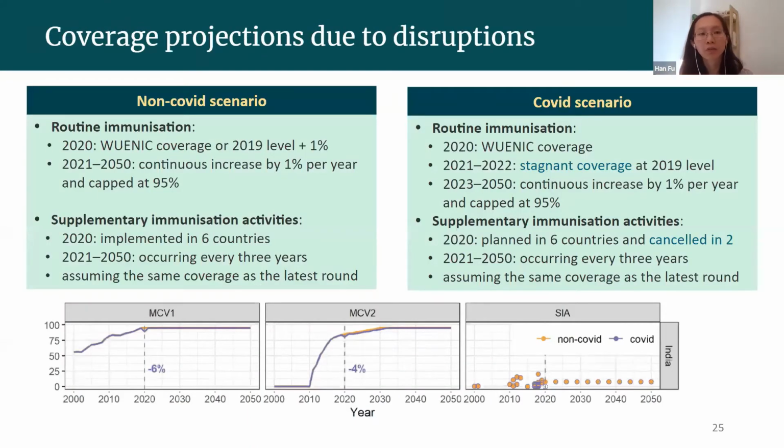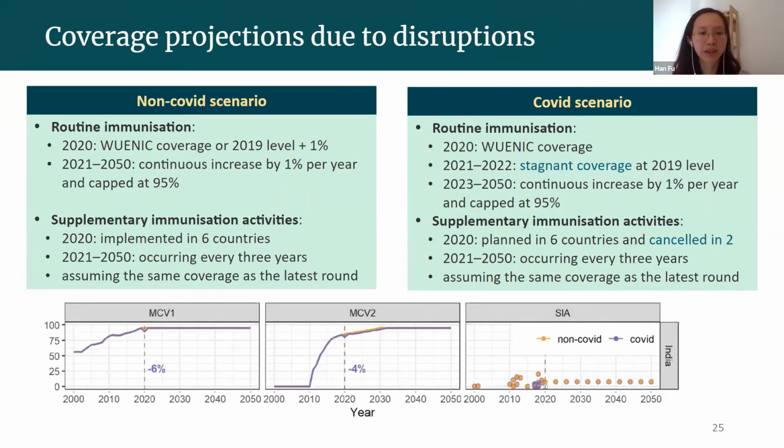For the projected period between 2020 and 2050, we set up 2 scenarios to look at the COVID-19 related disruptions. In the non-COVID scenario, we assume routine immunization continues as usual, with a 1% increase per year over 2020 to 2050.